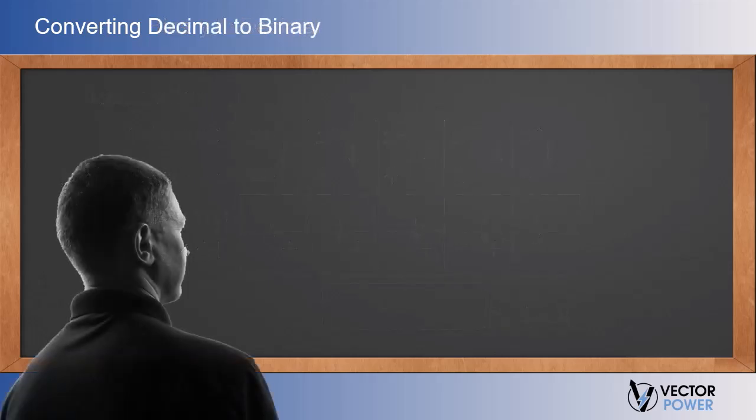Okay, what about converting decimal to binary? Converting from decimal to binary notation is slightly more difficult conceptually, but can easily be done once you know how, using algorithms. Begin by thinking of a few examples.